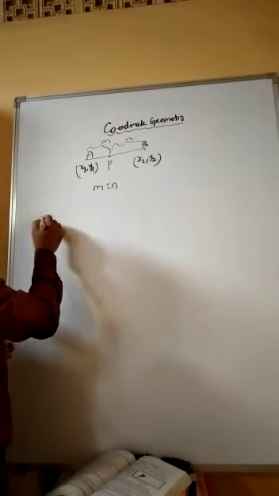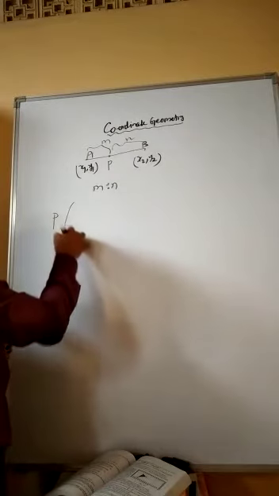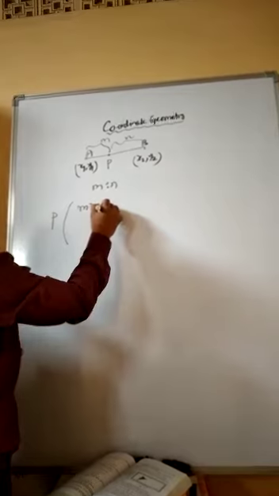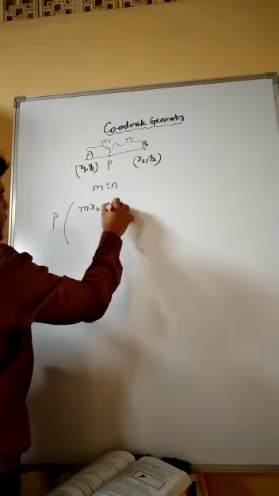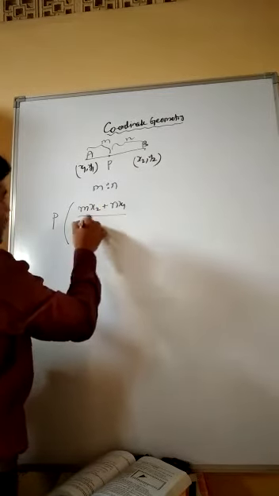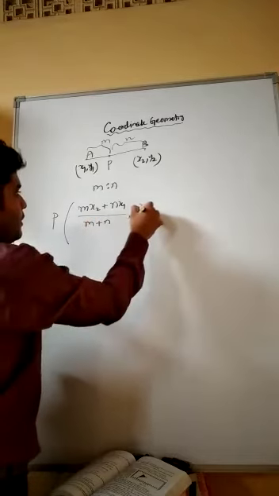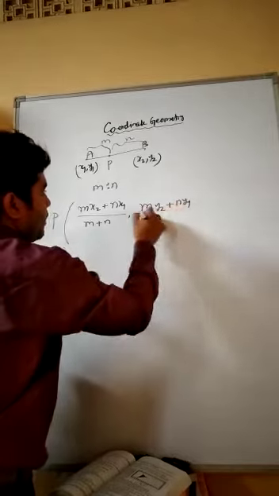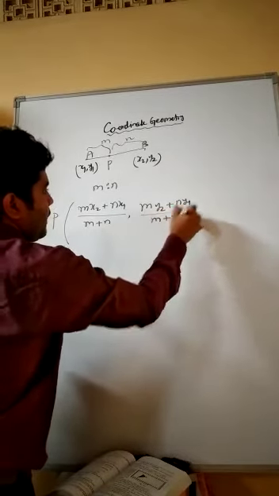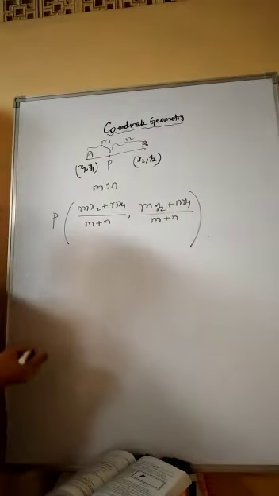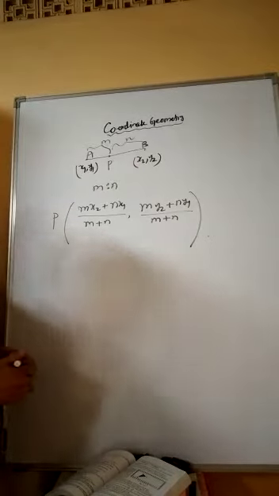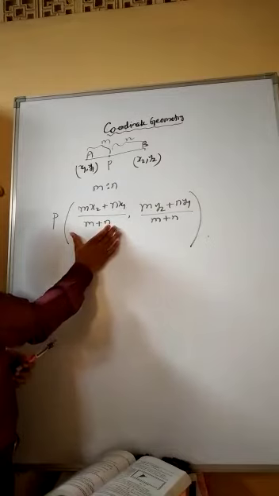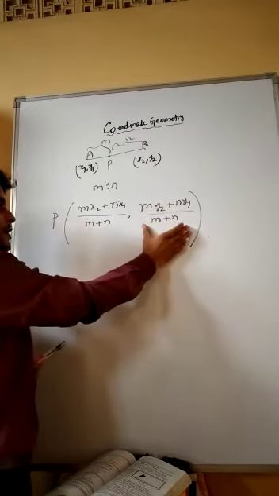The section formula is like this: the coordinate of P is (mx2 plus nx1) by (m plus n), and (my2 plus ny1) by (m plus n). You should remember this formula. How to remember this formula? This is the abscissa and this is the ordinate.